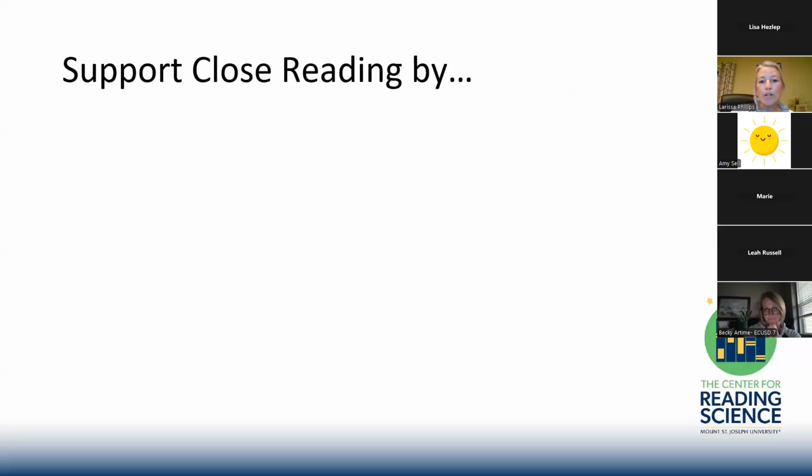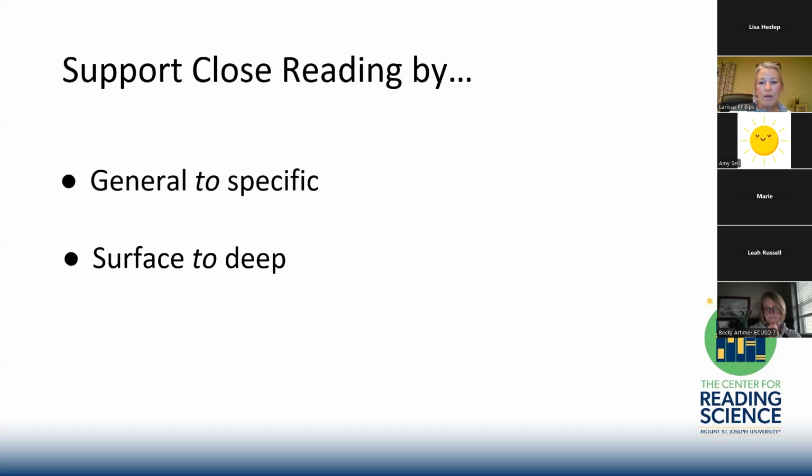We can support this questioning sequence intentionally, moving from general to specific, surface to deep, and whole to part, scaffold with both of those literal and inferential understandings.